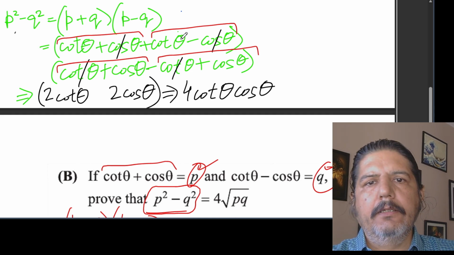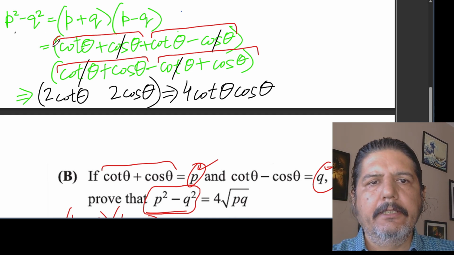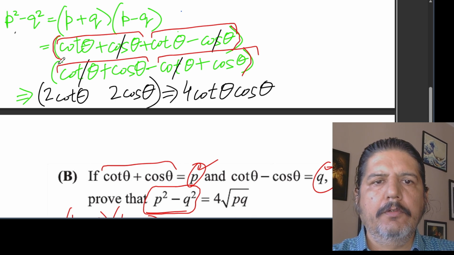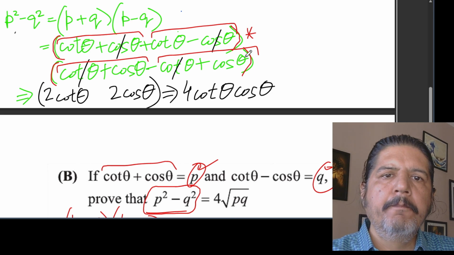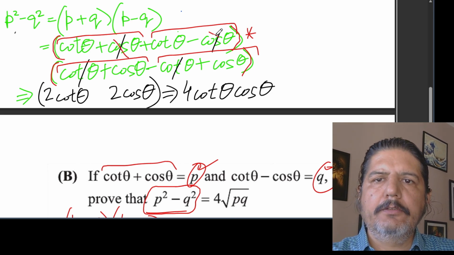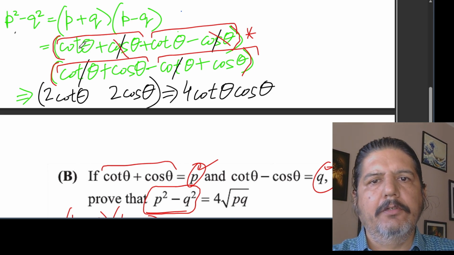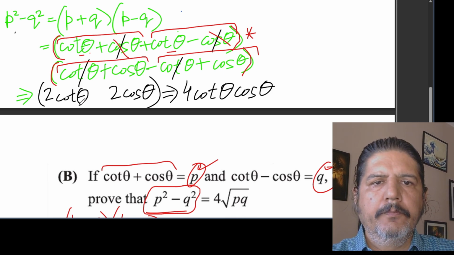And then when I solve the two brackets, remember that both of these are between brackets, so there's a multiplication sign here. Don't forget that. So this cos theta and this minus cos theta cancel. So cot theta plus cot theta would be equal to 2 cot theta.